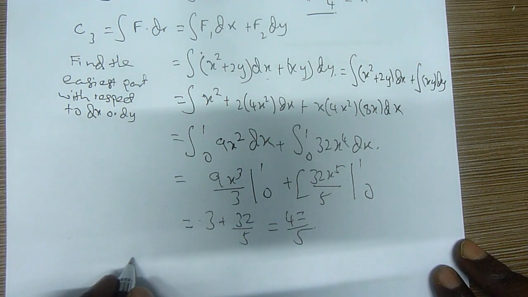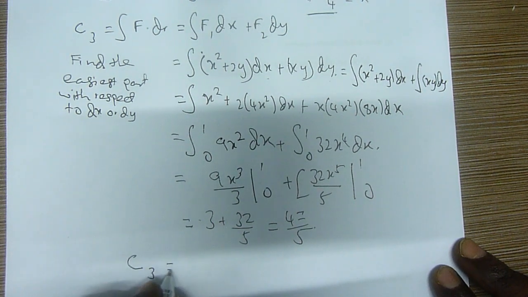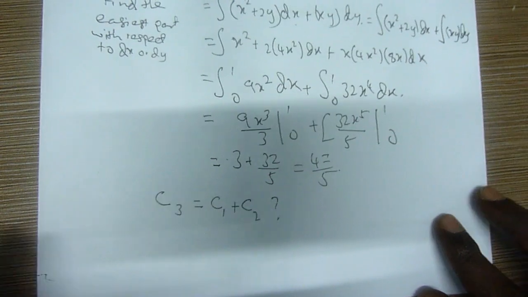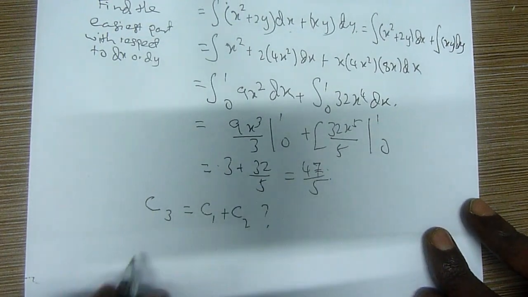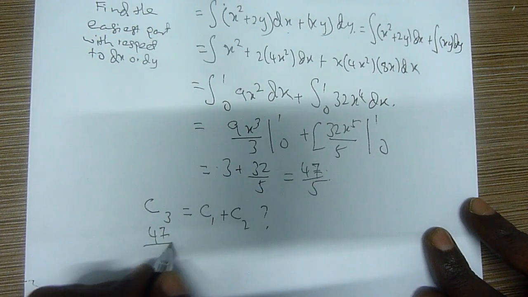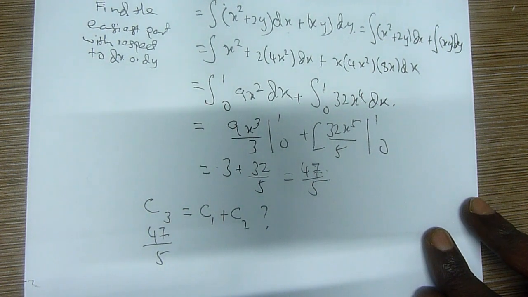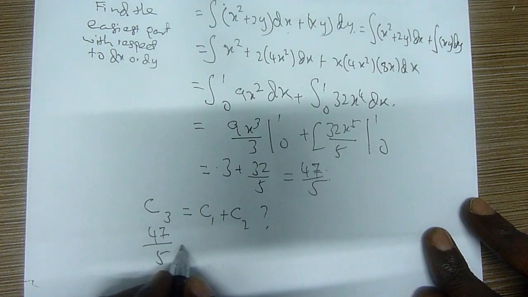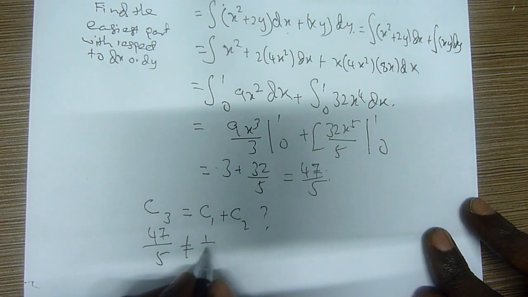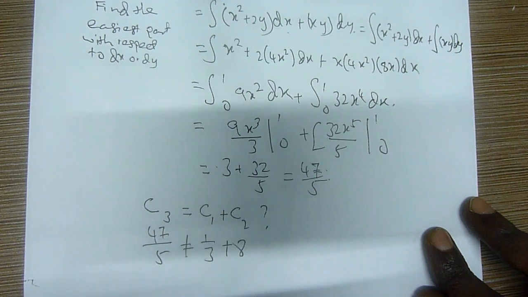Overall, we have done C3. Is it C1 plus C2? That's our question, right? Therefore 47 over 5 is not equal to 1 over 3 plus 8.